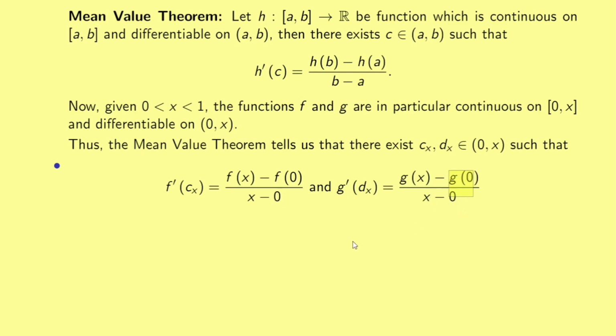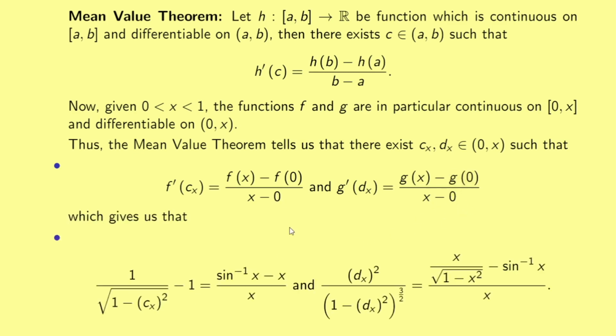So I get sine inverse of x minus x, which is the expression for f at x, over x, and on the other side x over the square root of 1 minus x squared minus sine inverse of x, divided by x. On the other side, we have the derivatives which we calculated, applied at c of x and at d of x. So I get these equalities.